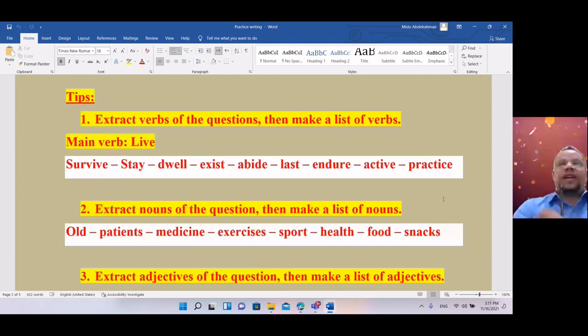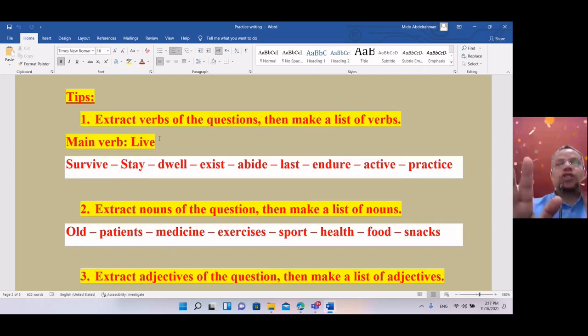For example, we have a verb like live. People live, so the verb is live. What are the synonyms, other verbs with the same or close meaning? Survive, stay, dwell, exist, abide, last, endure, active, practice, and so on.